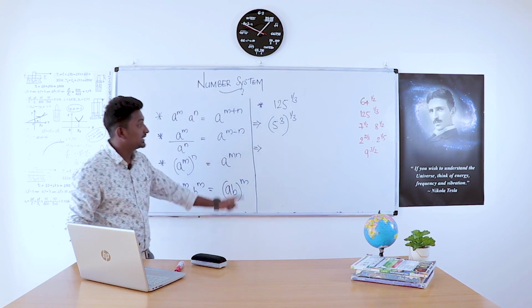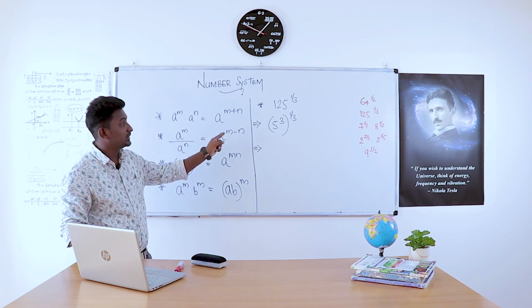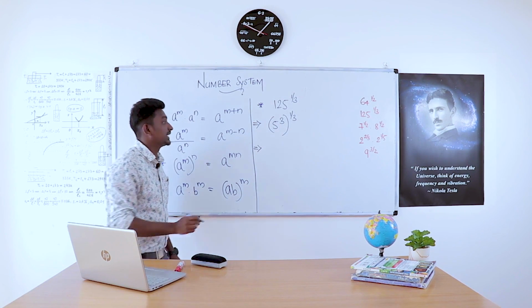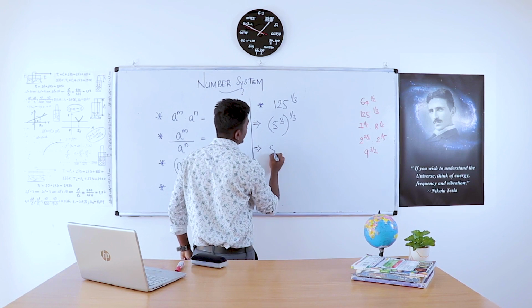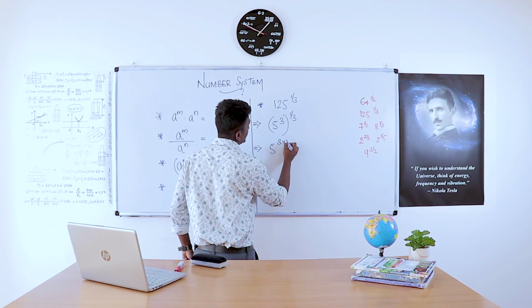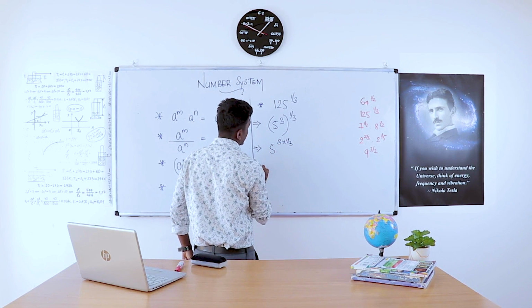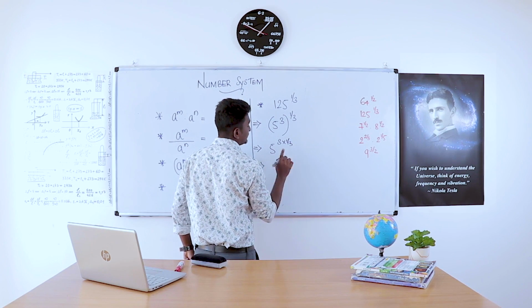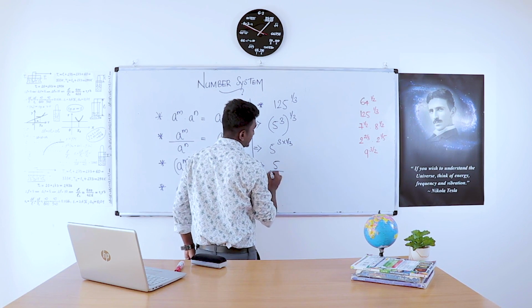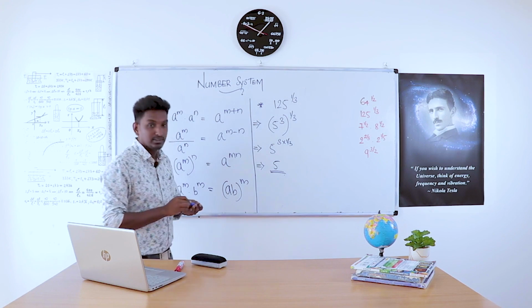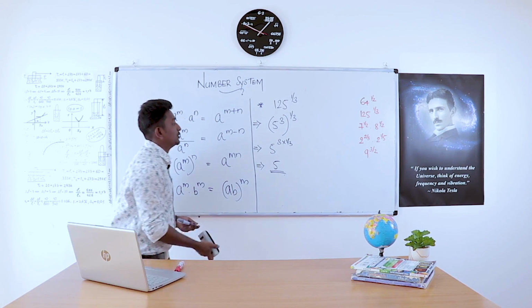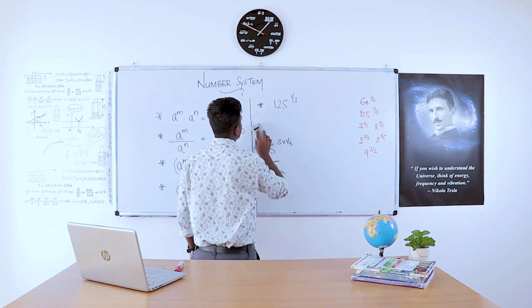The same result we can apply here. A raised to m the whole raised to n is a raised to mn, that is 5 raised to 3 into 1 by 3. 3 into 1 by 3 is 1. Therefore, the answer is 5. Clear? Moving to the next question.